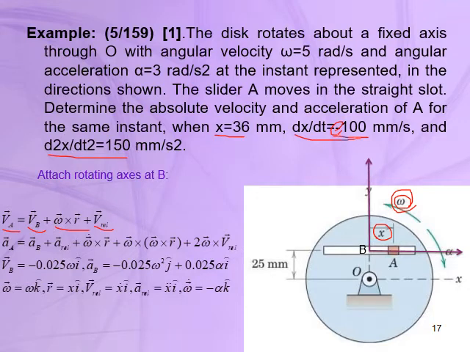For the acceleration, we have the absolute acceleration of point A, which is equal to the absolute acceleration of point B plus the relative acceleration of point A with respect to the relative coordinate system, which is equal to x double dot. We have omega dot cross r, where omega dot is the angular acceleration of the relative coordinate system, and in this problem it is equal to alpha because the relative coordinate system is attached to the disk, so it is equal to the angular acceleration of the disk.